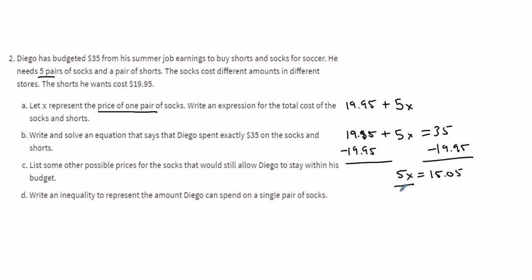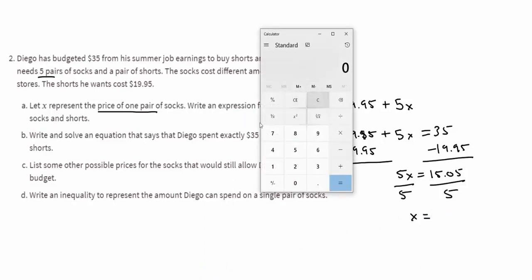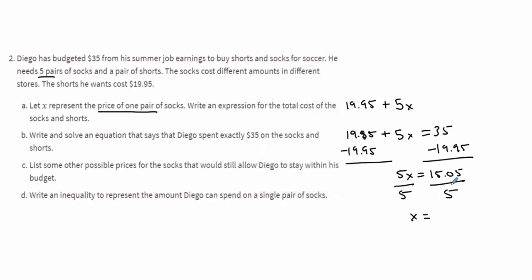Then we're going to divide by 5. So one pair of socks has to be equal to 1505 divided by 5, $3.01. So that's how much you can spend on each pair of socks.